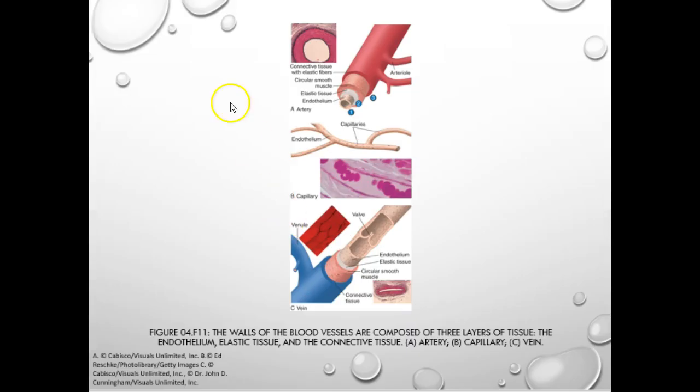Looking at the inside of the walls of blood vessels. This picture's a little small, but this top one is an artery. I'm going to cut it right, just like that. The middle one is a capillary. This is in your book if you're having difficulty seeing this. And this bottom one is a vein.